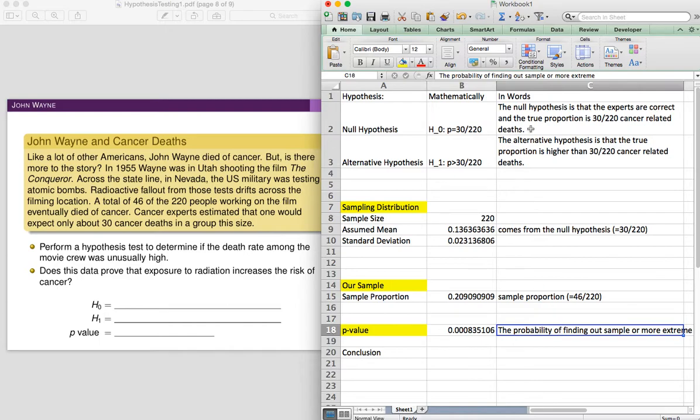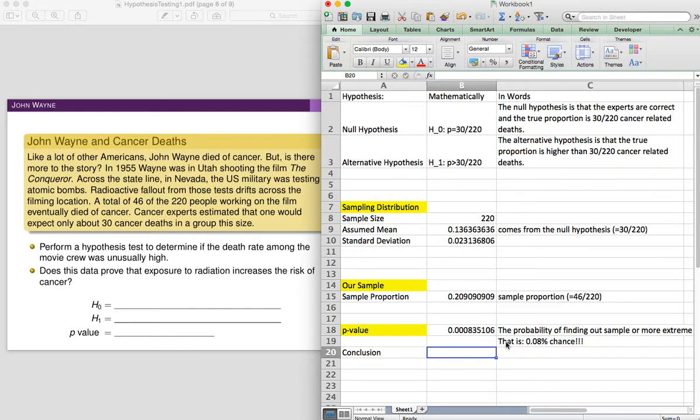So the probability of finding our sample or something more extreme is 0.0008. So that is a 0.08% chance.